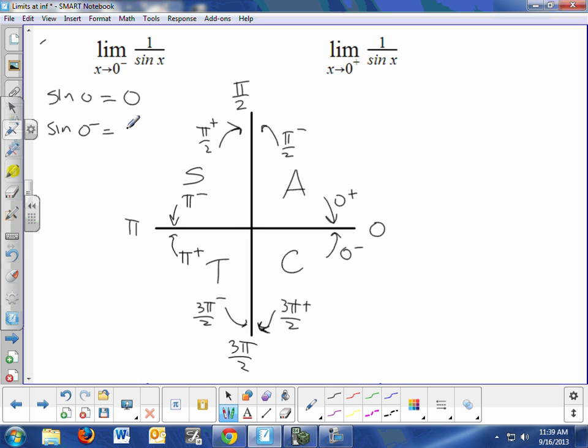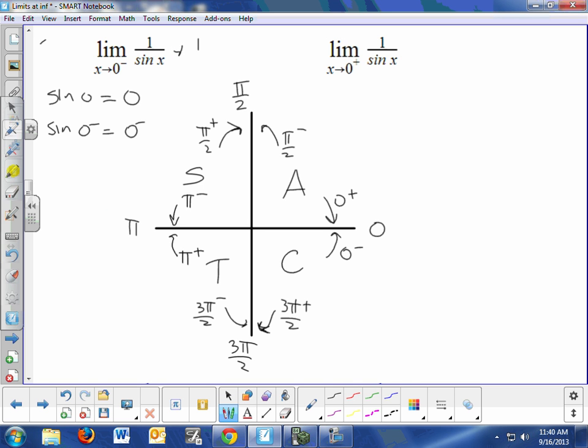Okay, we have to check. We check our coordinate plane. So, 0 from the left down here. As I'm approaching 0 from the left, my sine values are going to be approaching 0, but since I'm in the fourth quadrant, the sine values are negative. So I say that is also 0 from the left.